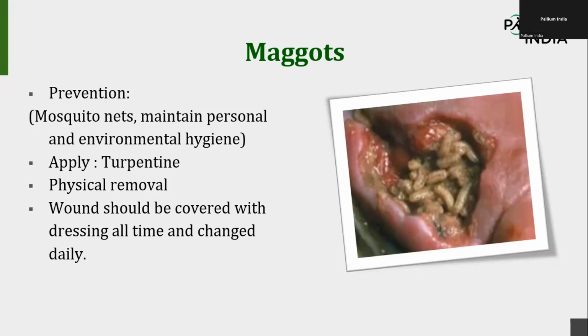Another important message I want to convey to you all is: don't follow the maggots. When the soaked turpentine is kept close to the wound, the maggots will come out. When we go in with the artery forceps, they go inside. So what happens? We follow the maggots.